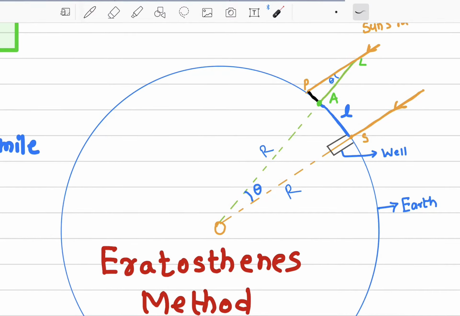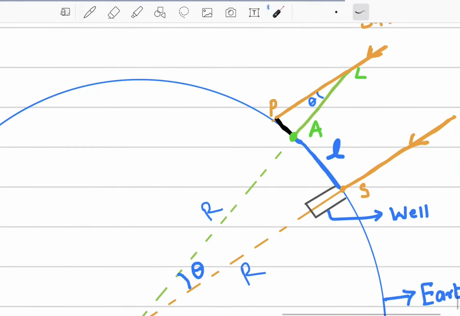Now, just by measuring, he measured the length of the shadow, and he also measured the length of the pole. From these two observations, he calculated this angle theta. How?